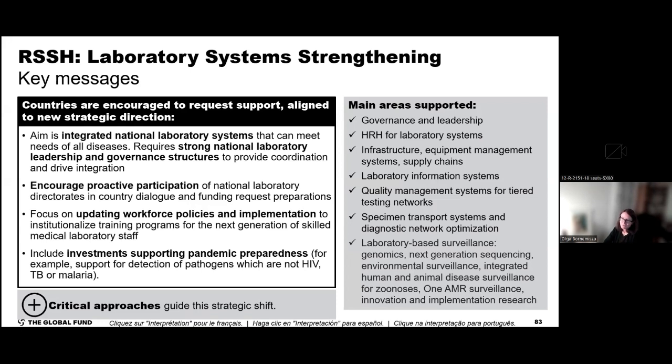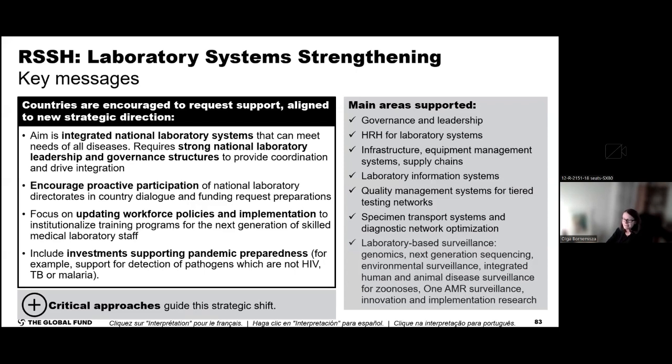And finally, just to reiterate again that lab investments can support, and should support, pandemic preparedness. Again, you can see the plus sign at the bottom, so there are critical approaches to guide this strategic shift. And again, you can see on the right-hand side some of the main areas that are supported.